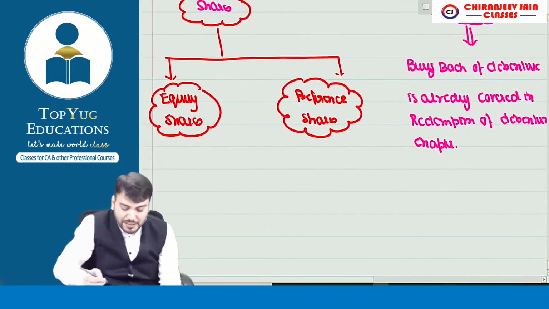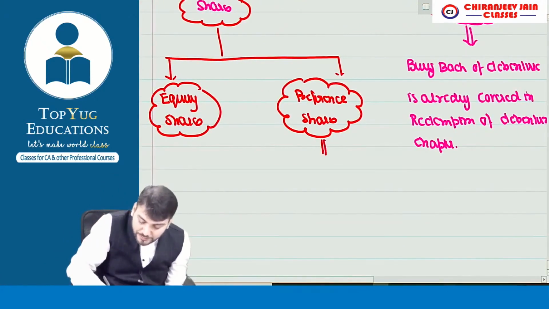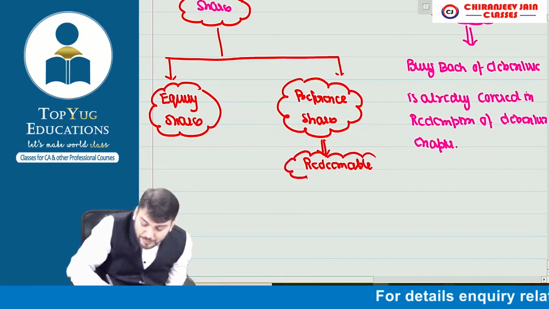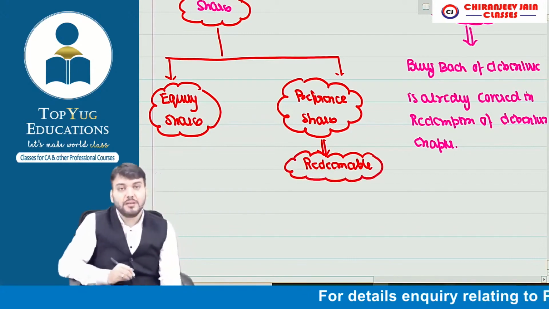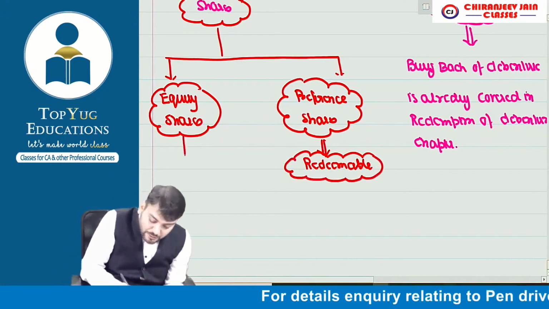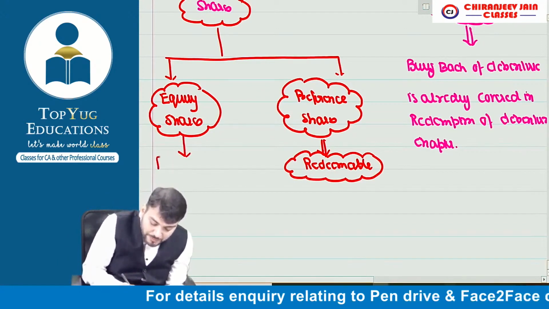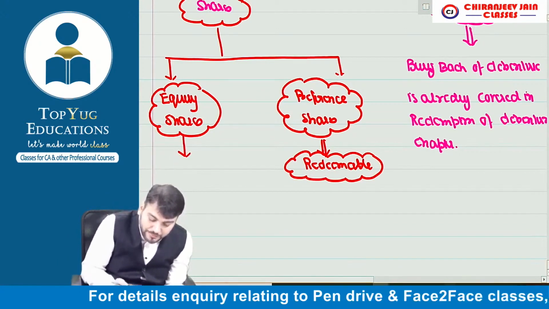But can I say one thing is clear, that these preference shares are redeemable. Already we have done one chapter, redemption of preference shares. Correct. And these equity shares cannot be redeemed. These are not redeemable.